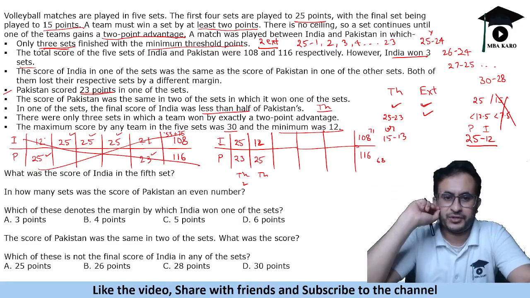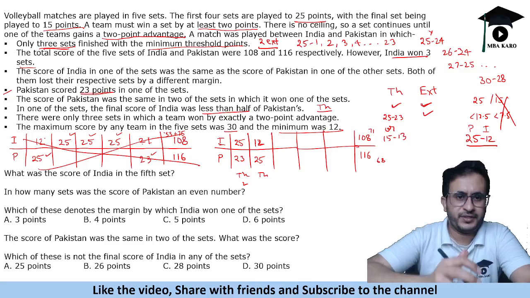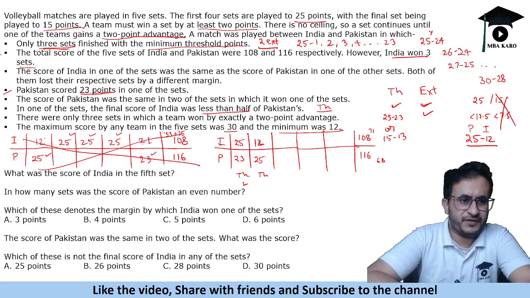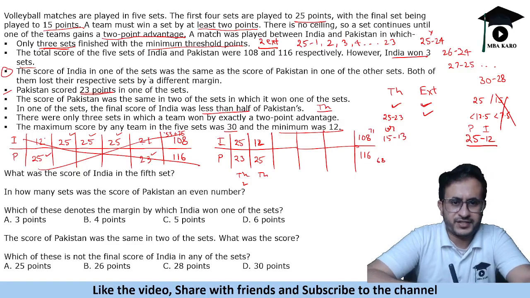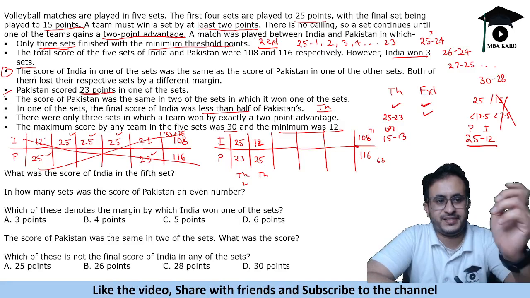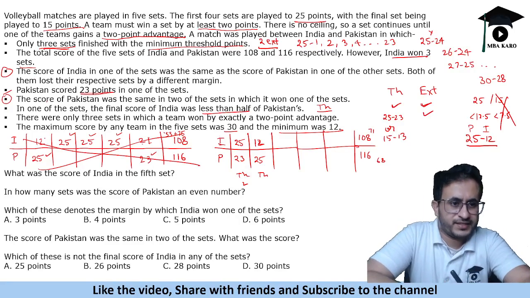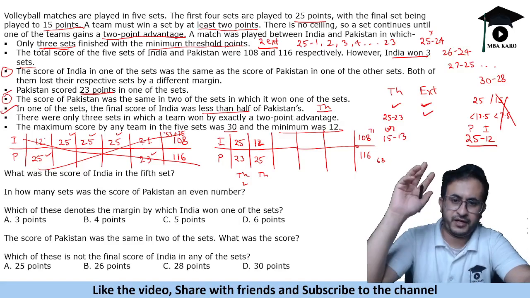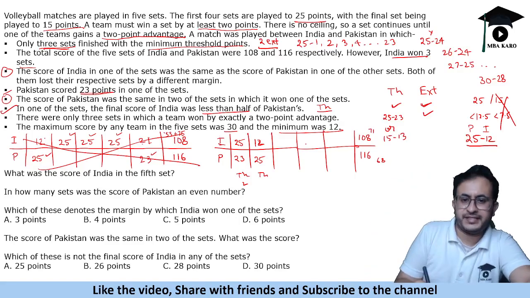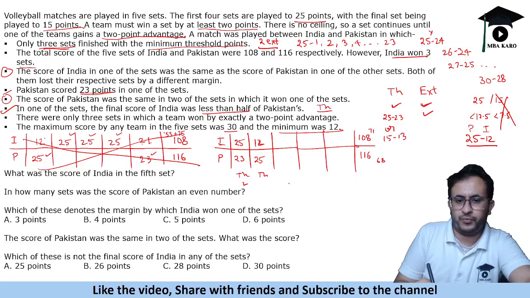Okay, that is one more thing. And what else we know, we will use in the end: the score of India in one of the sets was the same, and the score of Pakistan is the same, that we will use later. Okay, only 3 sets are left, with 2-point margin, so out of these 3 sets, 2 sets will be 2-point margin.